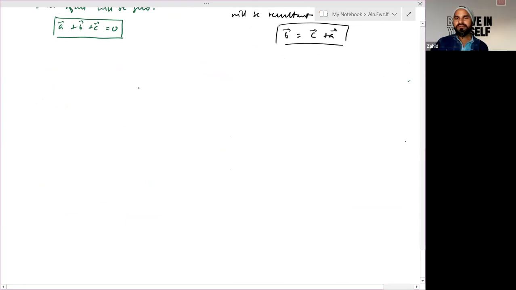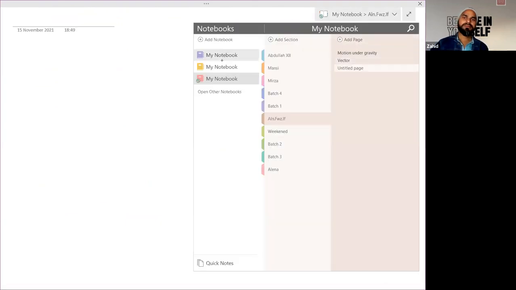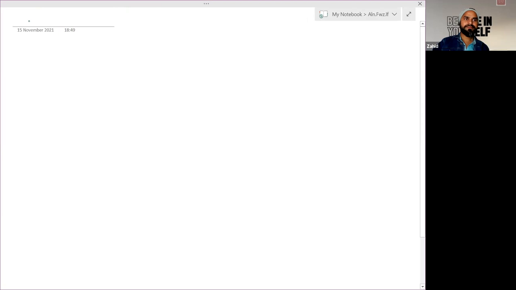Next is to find the magnitude of the resultant of two vectors.